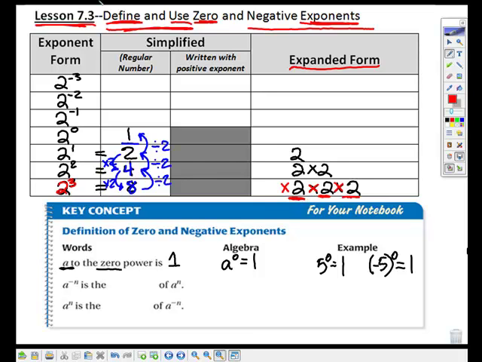So you see it as times 2 times 2 times 2, and that's going to force us to say we need to put a number out there in front. Well, if we put a 0 out here, 0 times 2 times 2 times 2 would give us a 0. So it's not going to work to put 0 out there. What would work is to have a 1 here. And then 1 times 2 times 2 times 2 would equal 8 still.